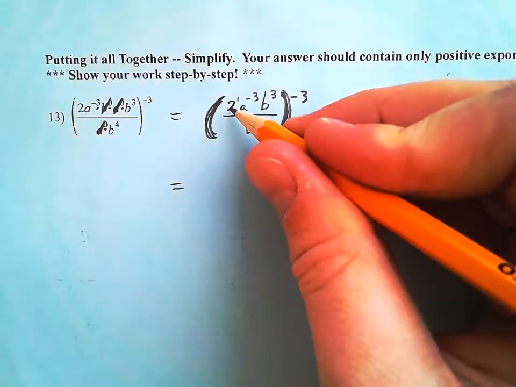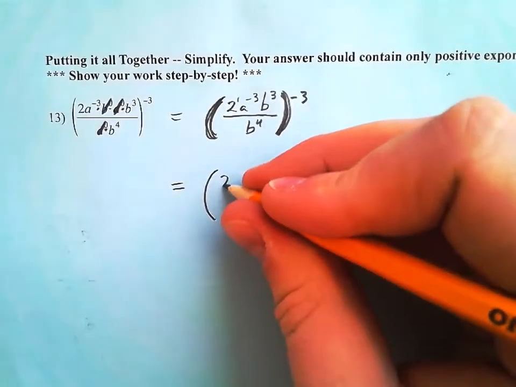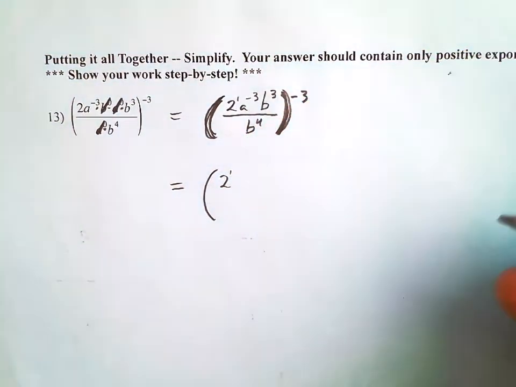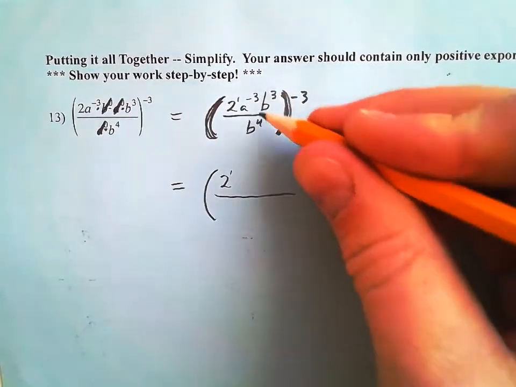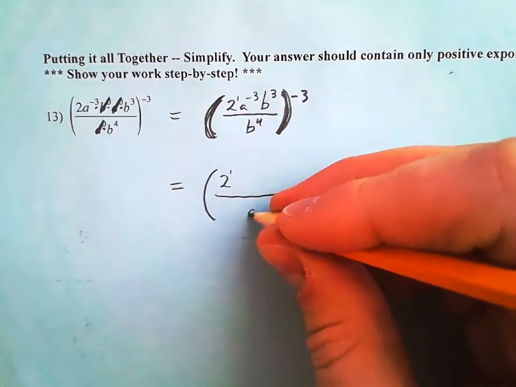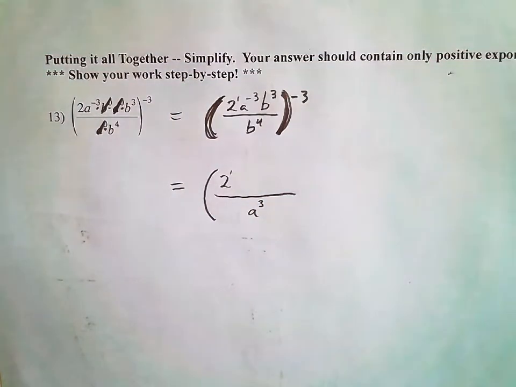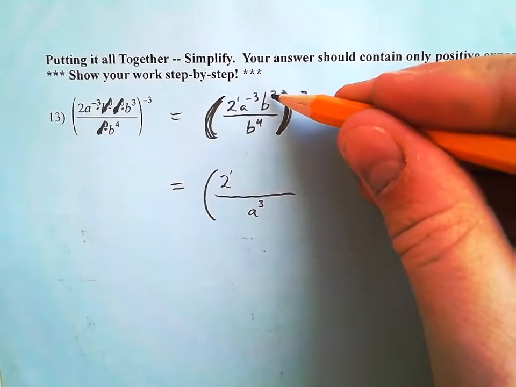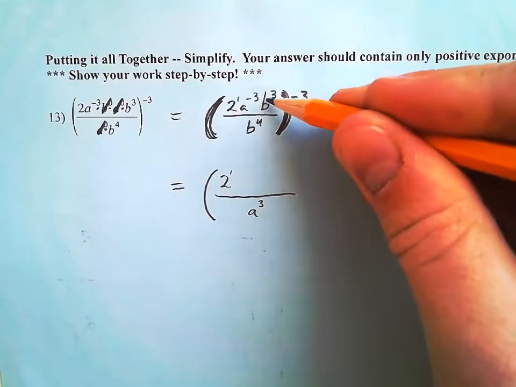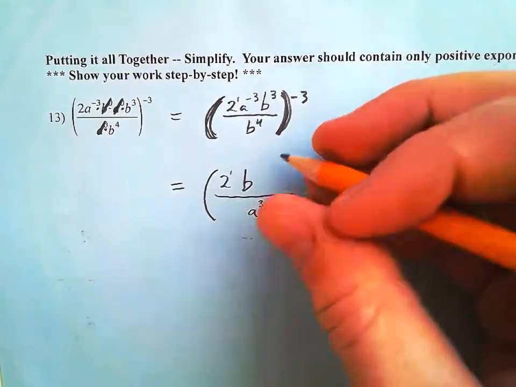So the 2, there's no other numbers by themselves, so the 2 will just have to stay there. A to the -3, since it's got a negative power on it, it's going to go to the bottom and become a to the +3 in the denominator. Okay, this b to the 3rd divided by b to the 4th, I'll show it in 2 steps.